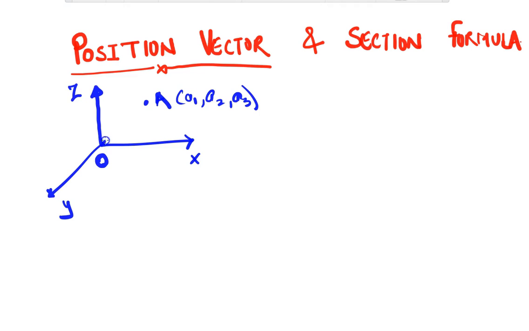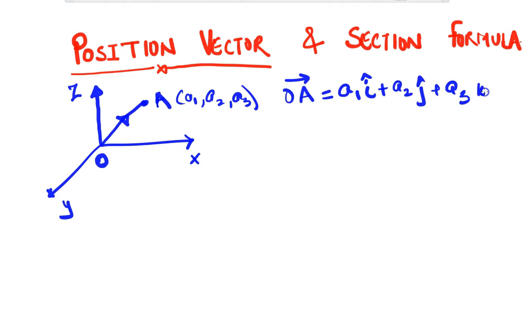So we can say OA, or point A, is a position vector represented by A1 i hat plus A2 j hat plus A3 k hat, right? So a position vector is basically a point in space with respect to a certain origin O and can be represented by a vector OA.